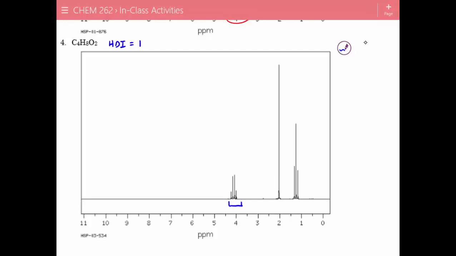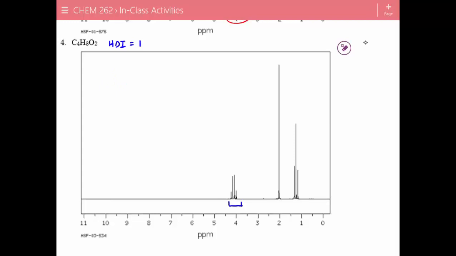So let's go through and try to figure out what this molecule is. One option would be to have some sort of carboxylic acid group in there. But if we had a carboxylic acid group, we would expect a peak from about 10 to 12 ppm. So we know it's probably not going to be some sort of carboxylic acid.